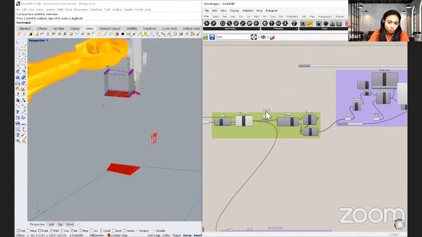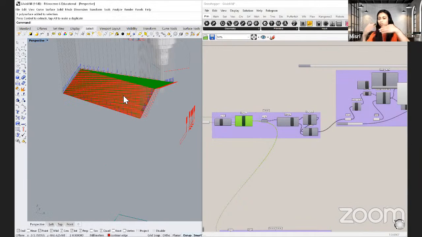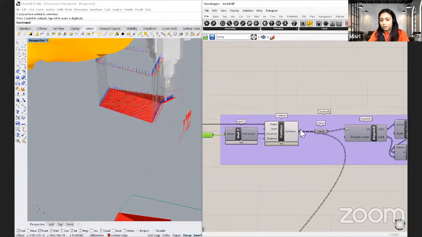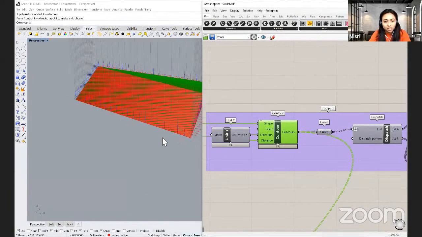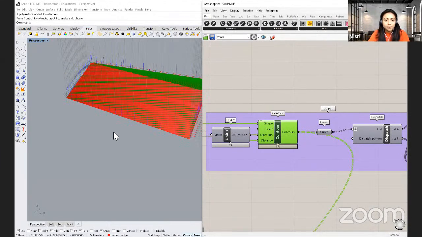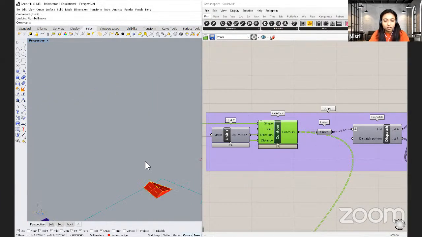The first group deals with the tool path, which helps you create these contours, either closely spaced or sparse. So you have the density of it, which can be played around with. In this case, all of these lines are 5 millimeters apart. We're also trying to simulate, let me just put this back.